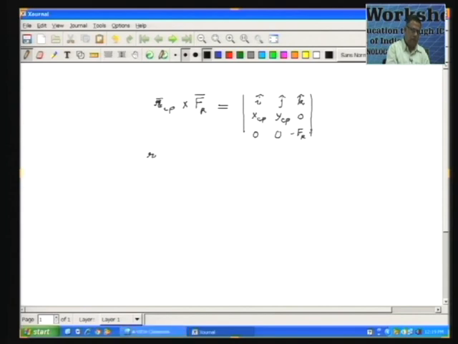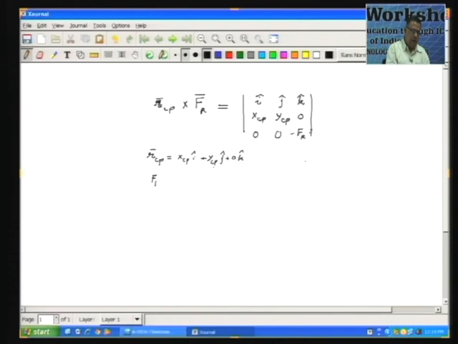The reason being RCP is XCP i plus YCP j plus 0 k. So, in the second row here we have written XCP, YCP, 0, the three components of the position vector R. This is the x component, this is the y component, this is the z component.